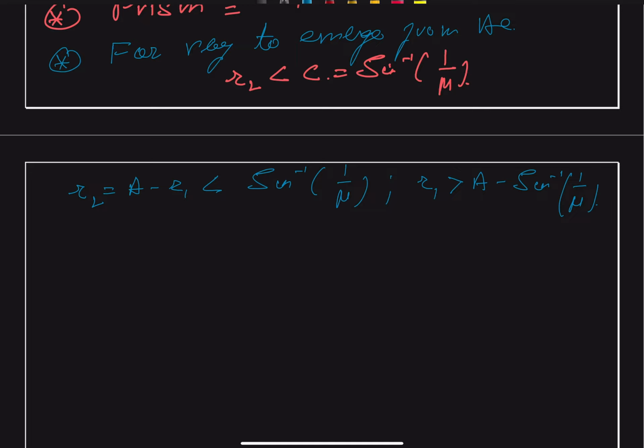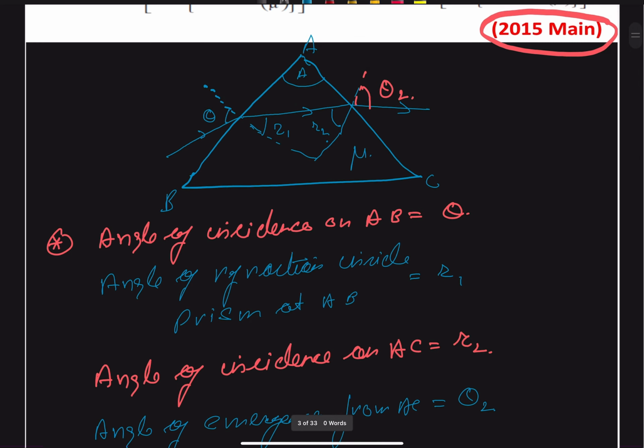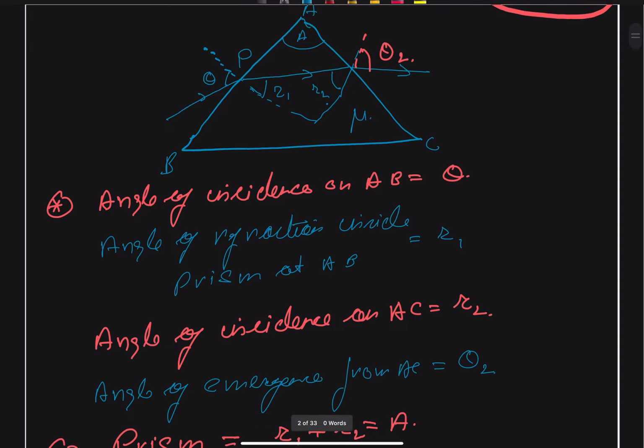Now we can use Snell's law at, let us suppose, point P on the face AB.